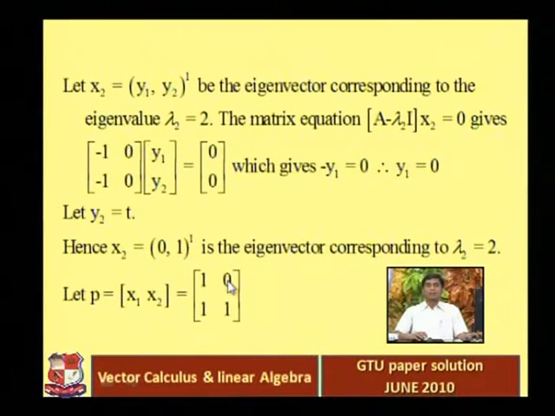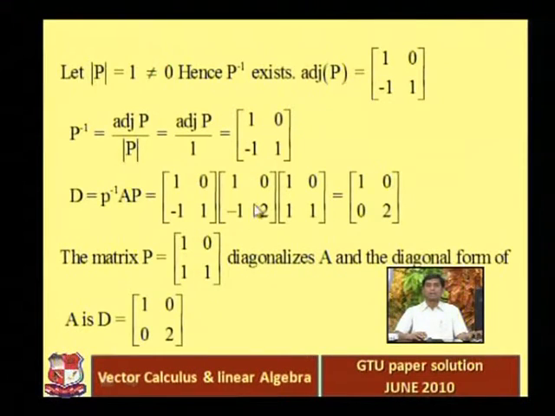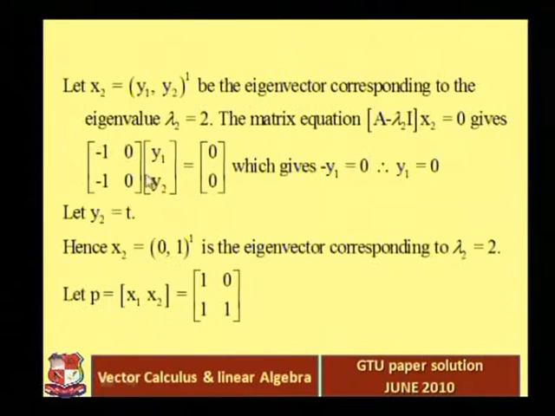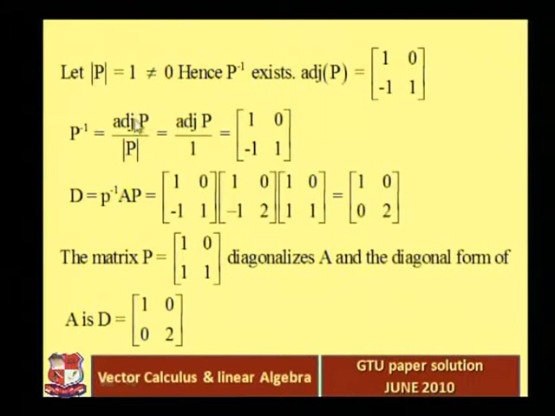And you have to change the sign of the other diagonal entries. So 0 becomes 0 and 1 becomes minus 1. So the adjoint of this matrix is [1 0; -1 1]. And the determinant of this matrix is 1 into 1 minus 0 into 1, that is 1. So the determinant of this matrix is 1, which is not equal to 0.